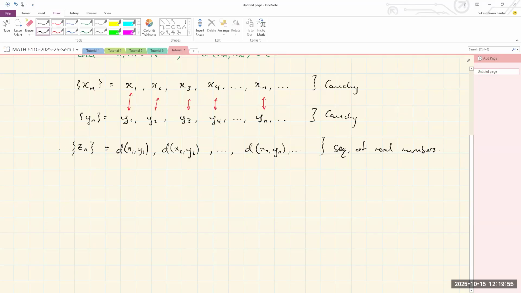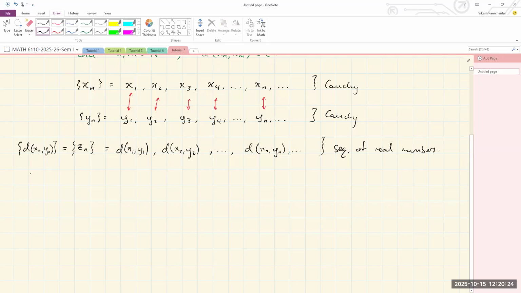So maybe let me write here d of xn and yn. If you want to, you can call it zn. It doesn't matter. Zn should be defined to be d of xn and yn. Okay, let's just leave it like that.